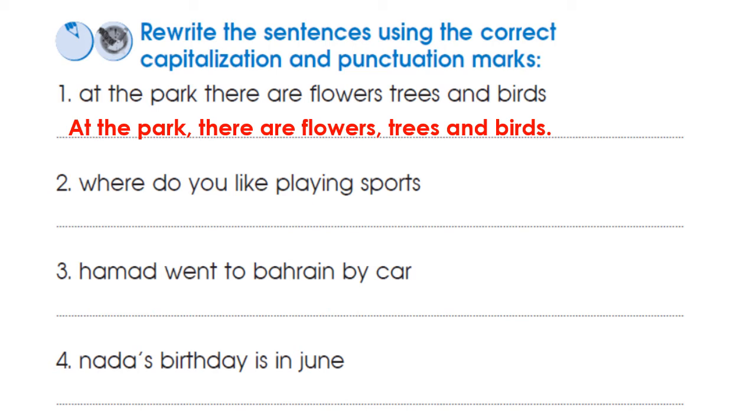Number 2, where do you like playing sports? We must add a question mark at the end of this question because this is a question. Where do you like playing sports? Number 3, Hamad went to Bahrain by car.